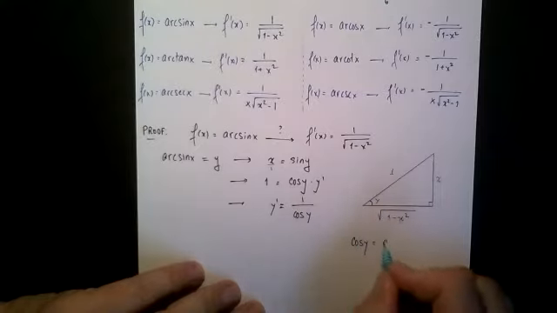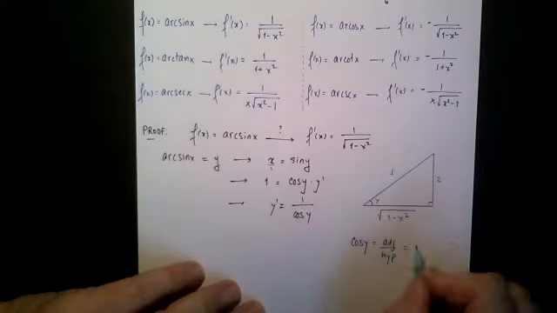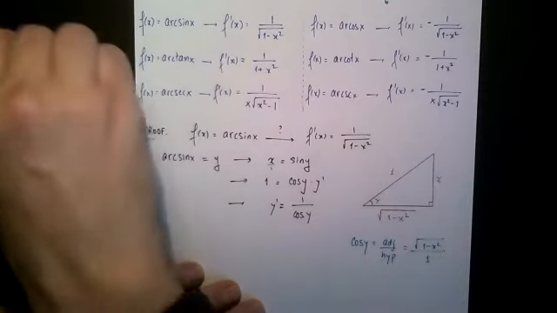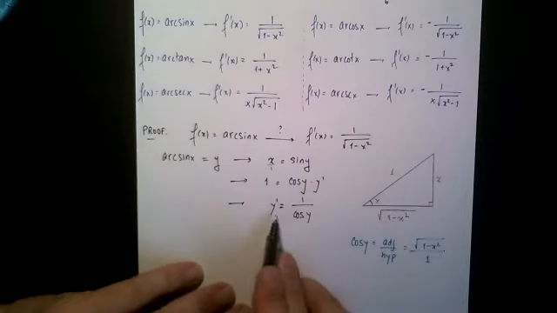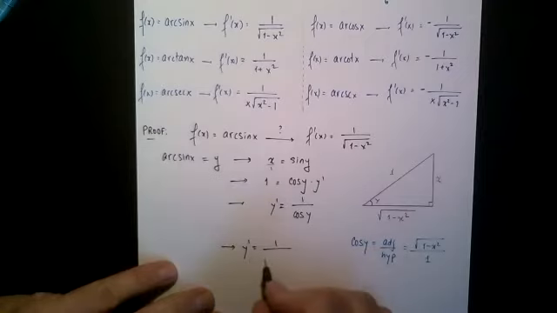Don't forget that the cos is always equal to the adjacent over the hypotenuse. And in my case, the adjacent is square root of 1 minus x squared, and the hypotenuse is still 1. And so I have y prime equals 1 over cos of y, which we just showed is square root of 1 minus x squared, and I'm done.